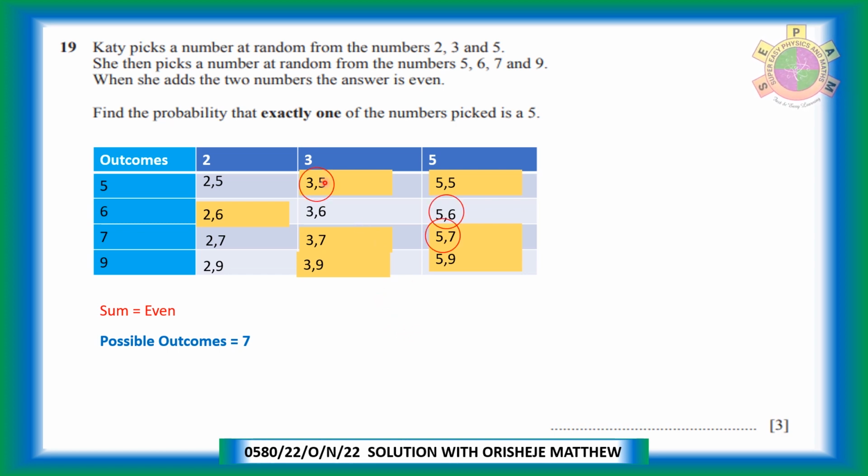If you look at it, only 1 and 5, 3 and 5, 5 and 6, and 5 and 7. 5 and 5 has two 5s, so it cannot be part of this. So how many have exactly one 5? That is 3. So the probability of picking a number with exactly one 5 is 3 over 7.